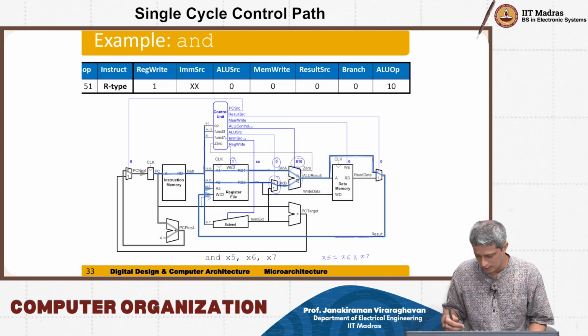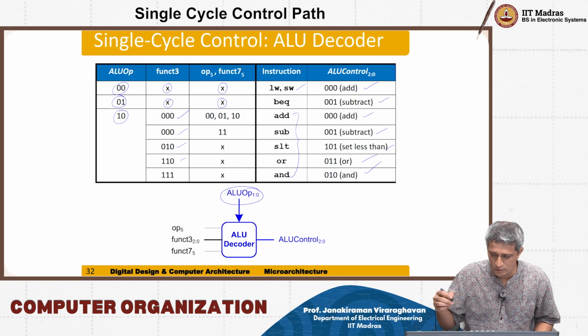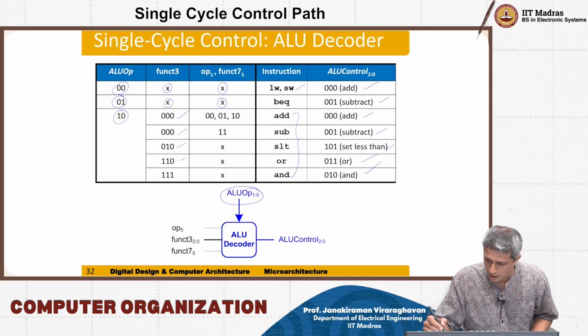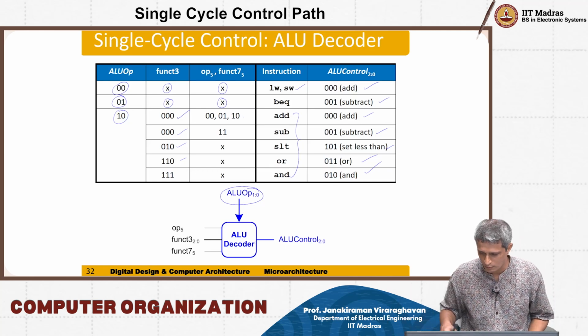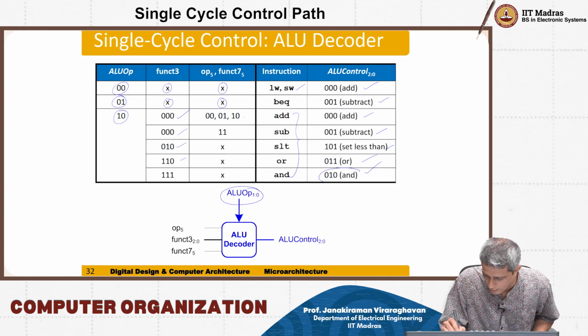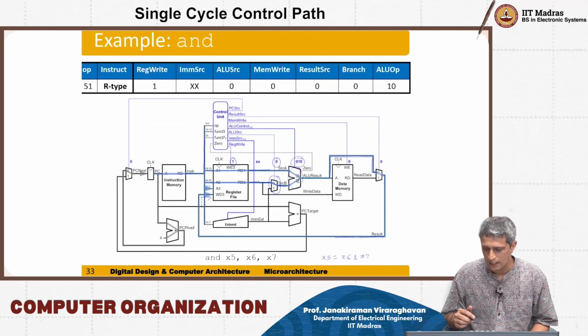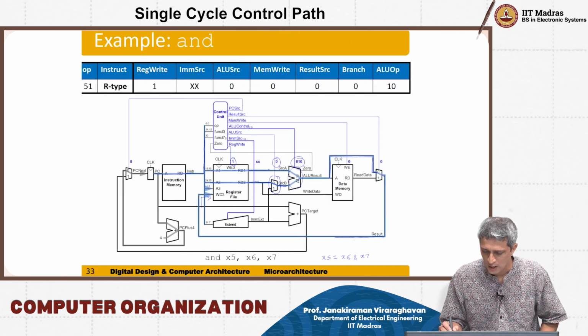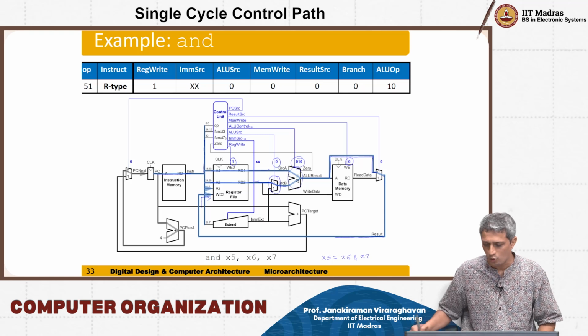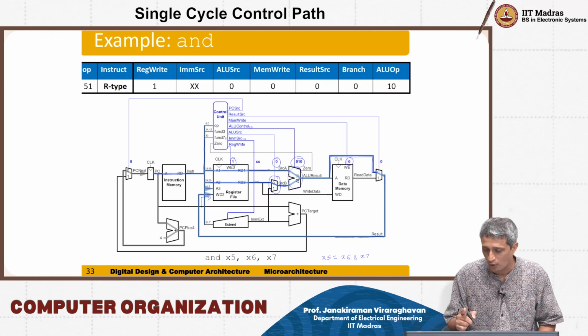If you look at the AND operation, we wanted ALU control, so let's look at this. Yeah, this one, you wanted 0, 1, 0, and therefore this has to be 0, 1, 0. Memwrite has to be 0, because you don't want to write to memory.